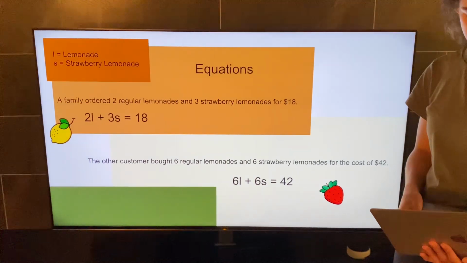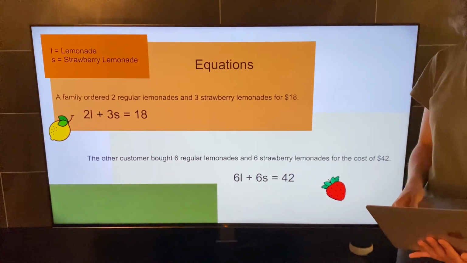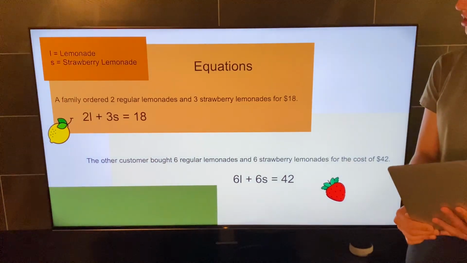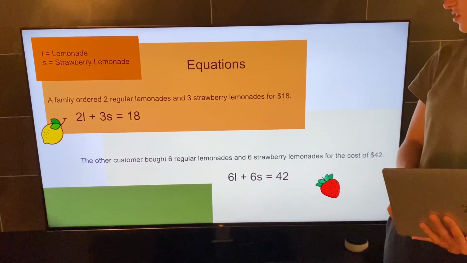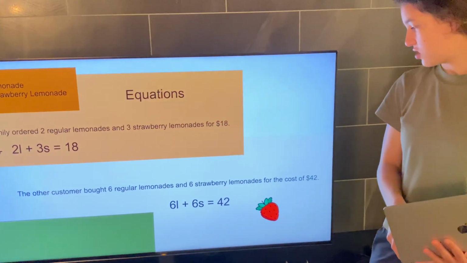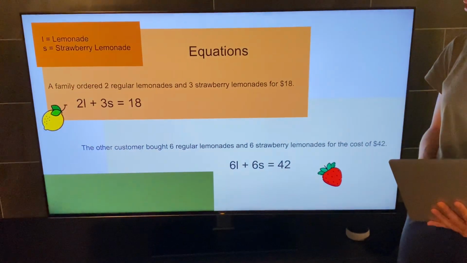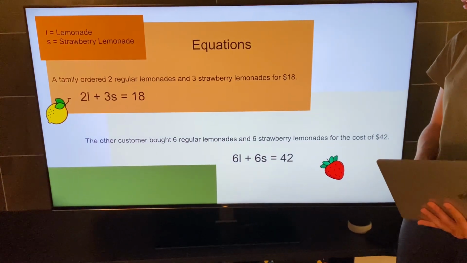And so that would be 2L plus 3S equals 18. And then the other equation, which is from the other customer who bought 6 regular lemonades and 6 strawberry lemonades for the cost of $42, is 6L plus 6S equals 42.